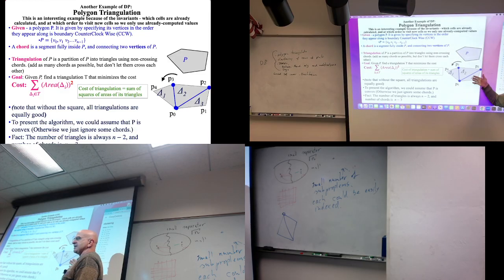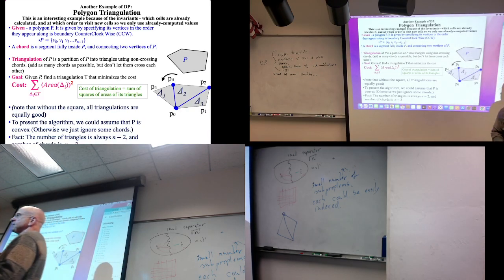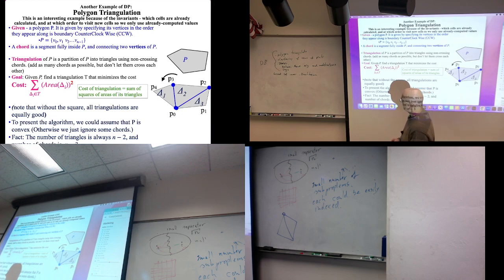Well, that doesn't tell me much about the quality of the triangulation, because in any triangulation, the sum of the areas is exactly the same. It's just the area of the original polygon if I sum up the areas of all the triangles.